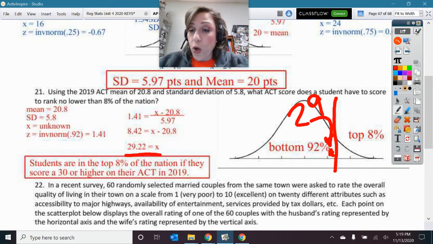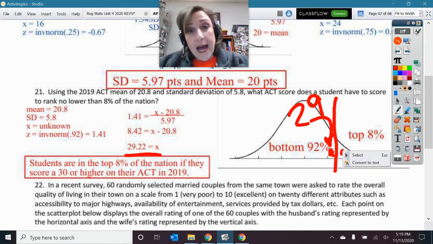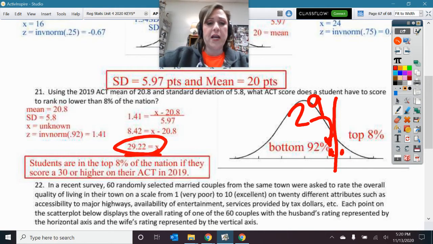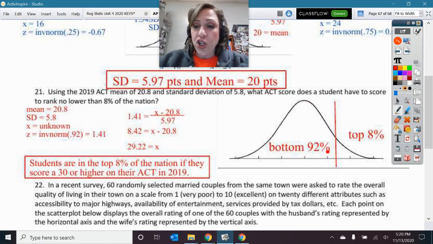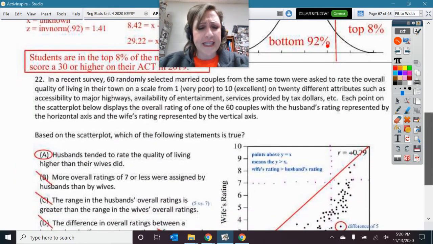You had to score 30 or higher to be in that top 8%. You have got to pay attention to which side of the fence you are on, and don't just think, oh, I'm going to round to 29. No, because that is saying you are below the fence, and to be in the top 8%, you have to be above that fence. So context, pay attention to context.